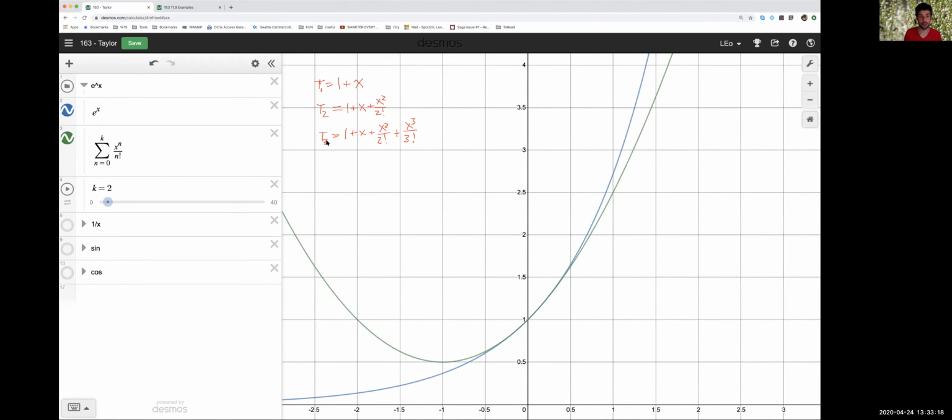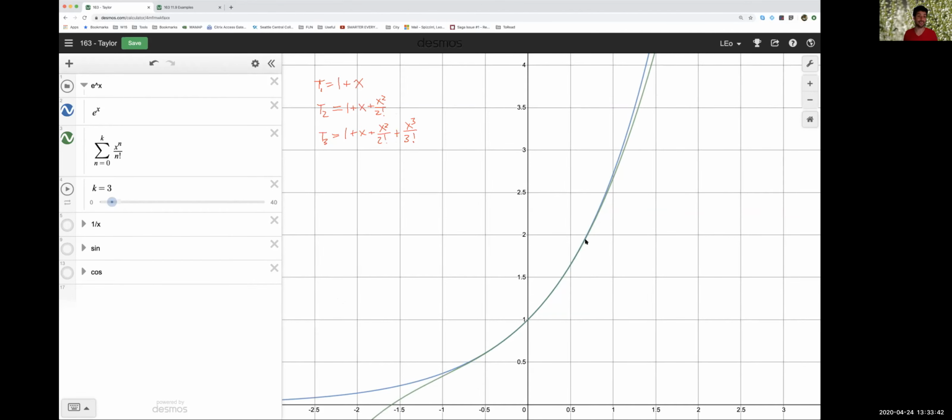Then we did the third degree. Let's go up one more, right? So you can see now in both directions, here's the quadratic, here's the cubic. We're getting a little closer to this exponential, okay? So we won't go any farther right now than the third degree Taylor polynomial, but we can see that we're getting closer to this function.